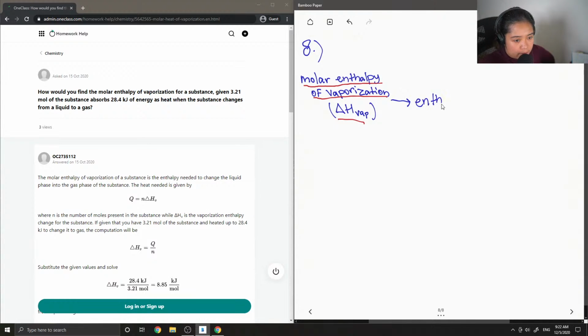This is the enthalpy needed to convert a substance from a liquid to a gas.